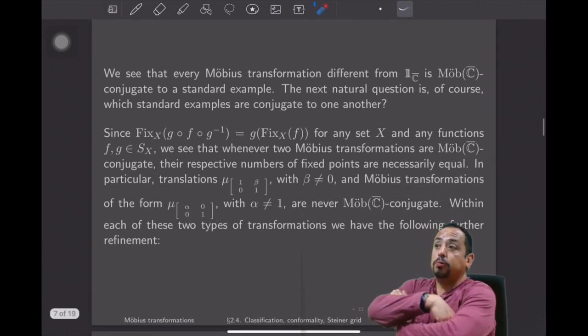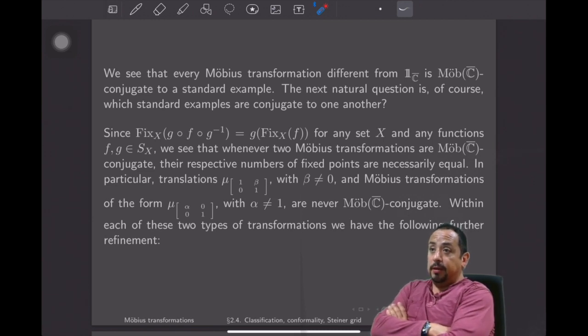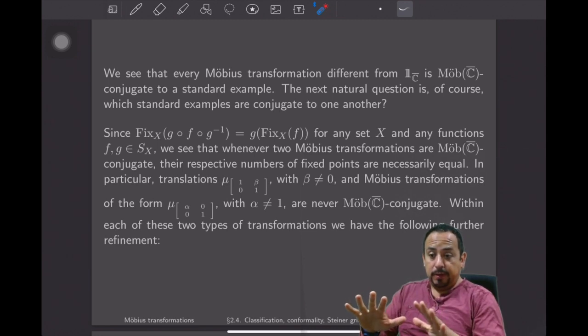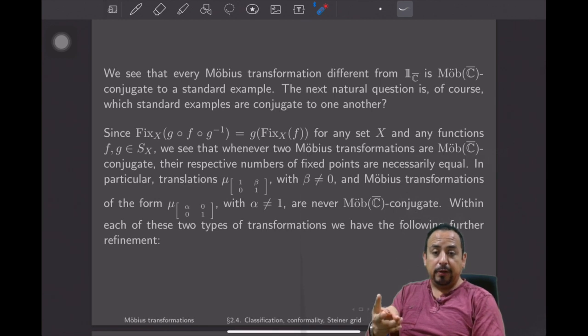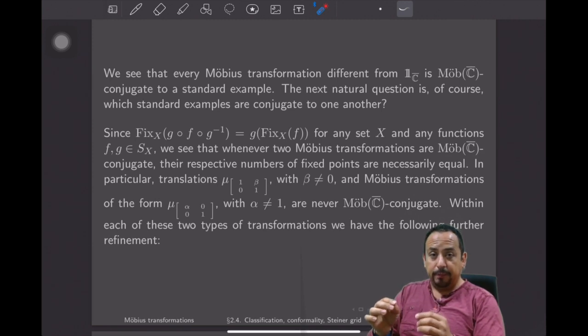And now, if we want to achieve a full classification, then the question becomes, okay, now take two arbitrary standard examples. Are they conjugate or not? Or more accurately, can we classify all standard examples up to conjugation?